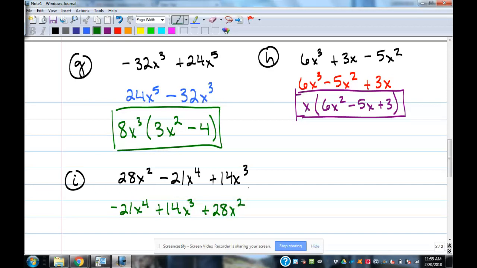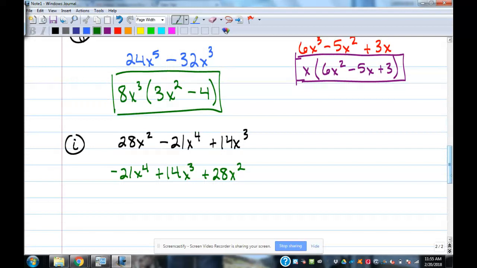Okay. So it gets it in descending order. That's the main first thing we got to do. All right. 21 and 14 and 28 are all divisible by 7. How many x's do they have in common? 2. 4, 3, and 2. All they can match up is 2.